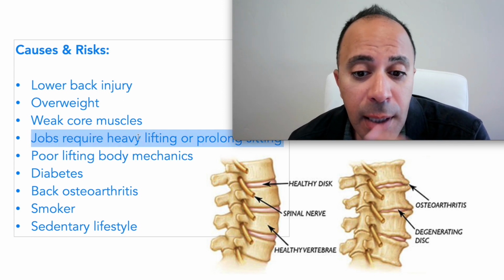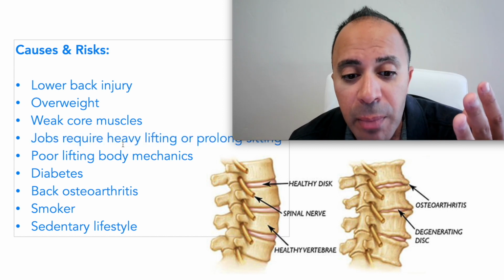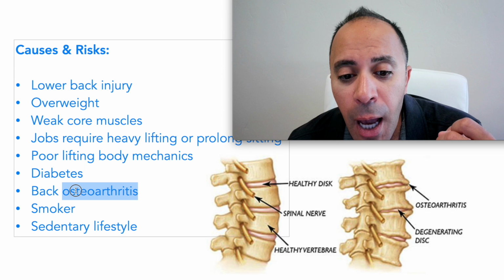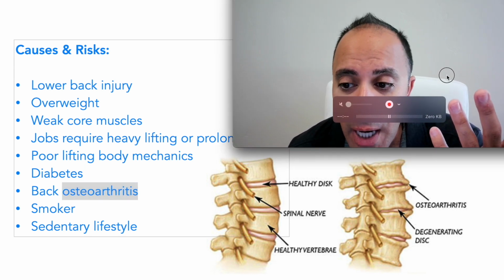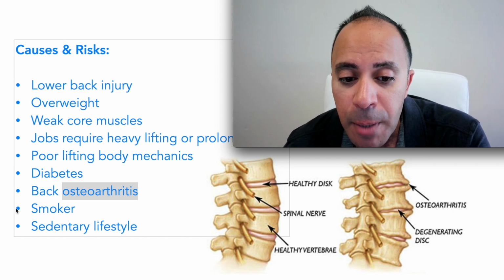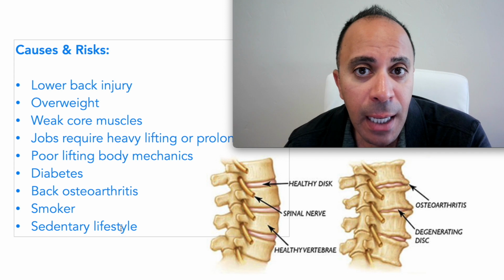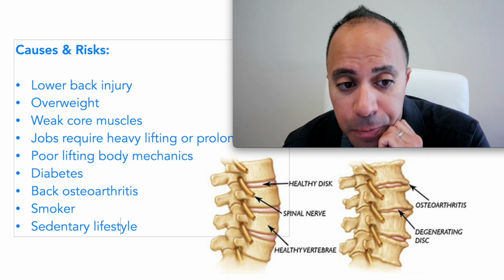Other risk factors are a job that requires heavy lifting for a prolonged period of time, poor lifting mechanics, diabetes, osteoporosis in the back, which is wear and tear in the vertebra, as you see here, this is a normal vertebra, smoking, and a sedentary lifestyle.